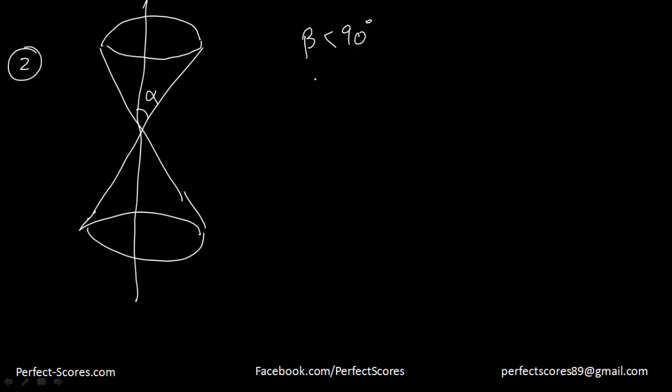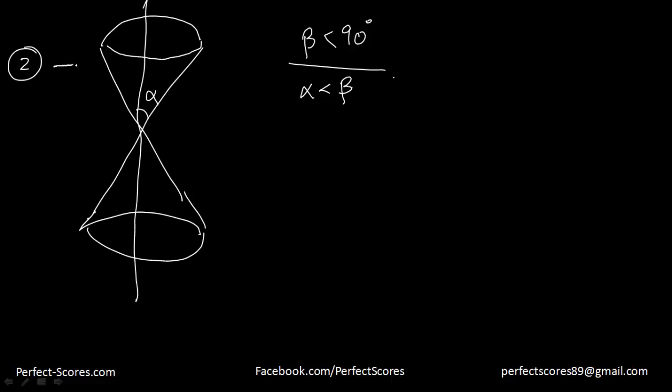Now in this also there are two different aspects. The first aspect is when we cut less than 90 degrees and when we cut greater than alpha. So when we make a bigger cut than alpha, what is going to happen? Let me explain it in this way.